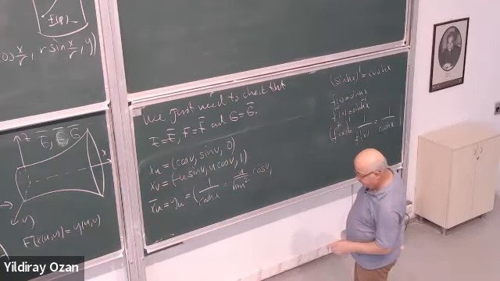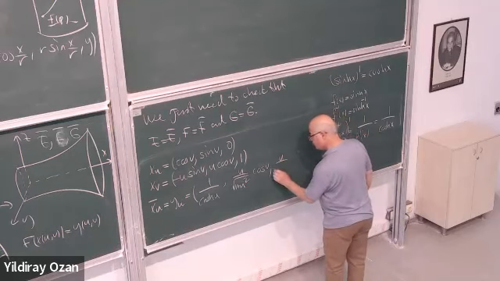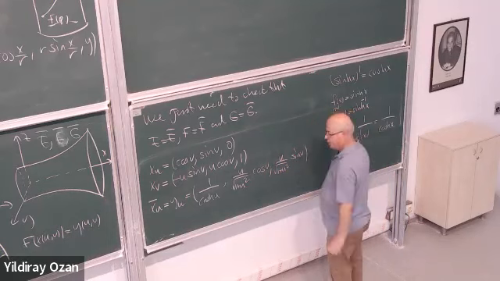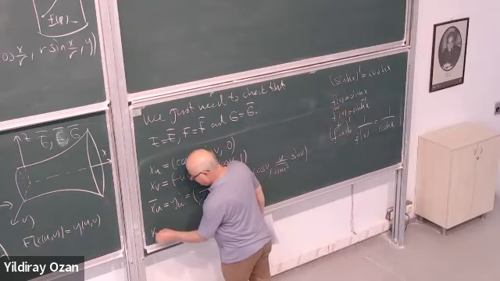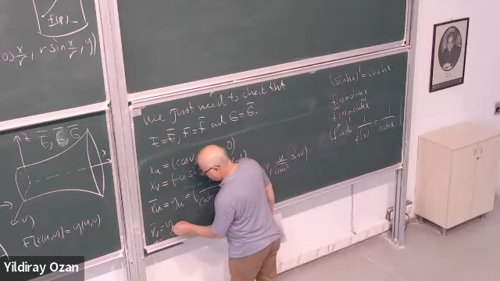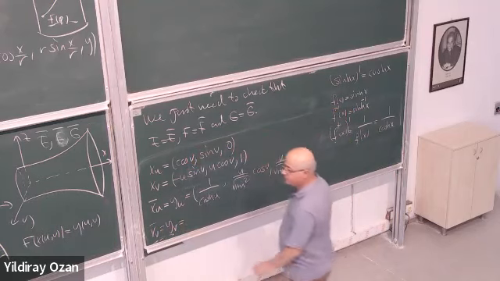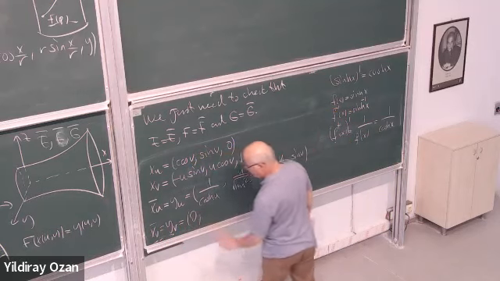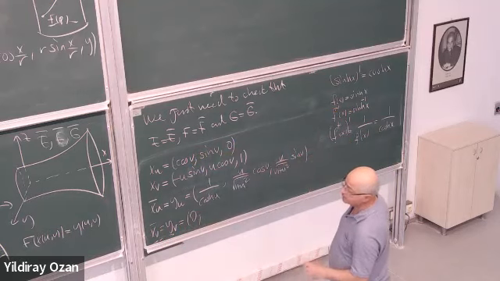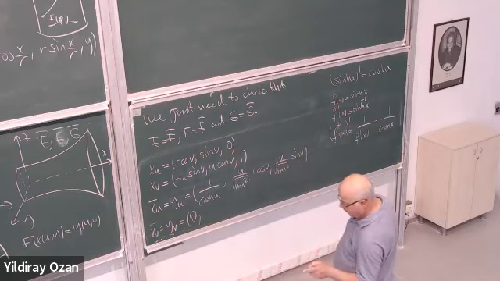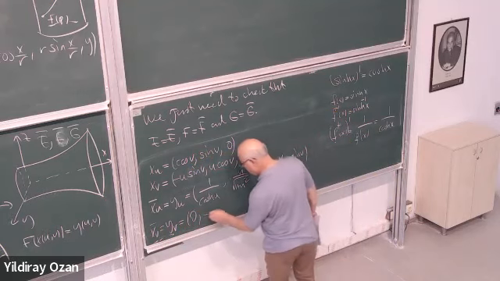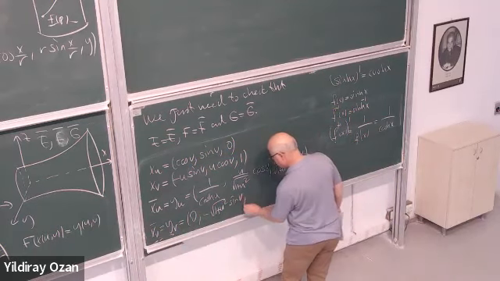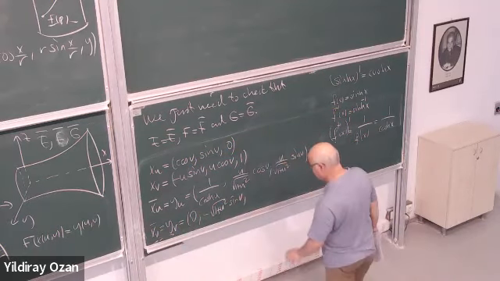And then the derivative again, this sine v. What about derivatives with respect to v? Well, the first one is 0. The second one is just minus sine. And that is cosine.